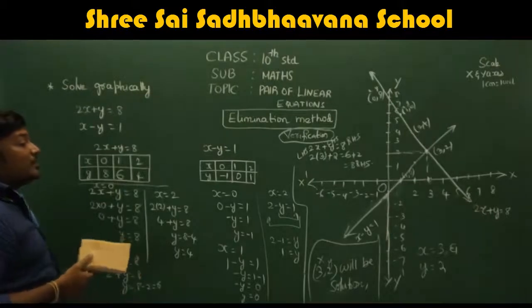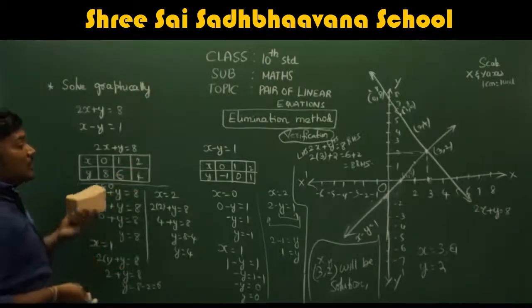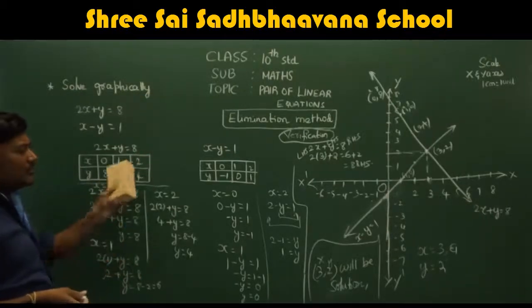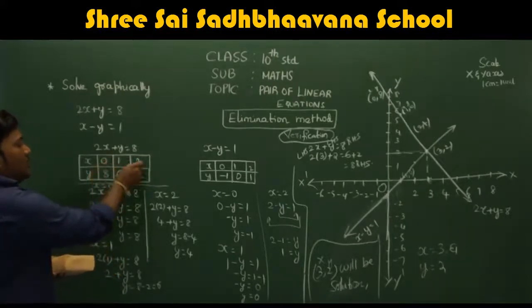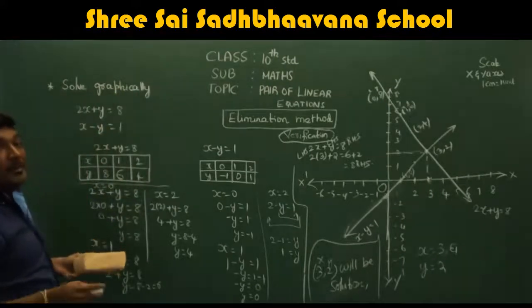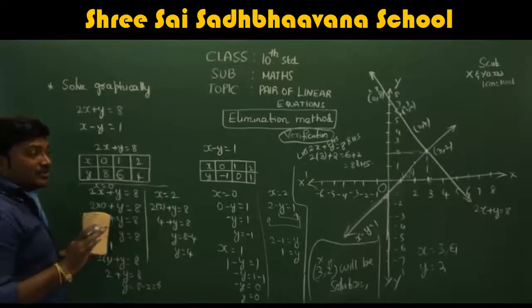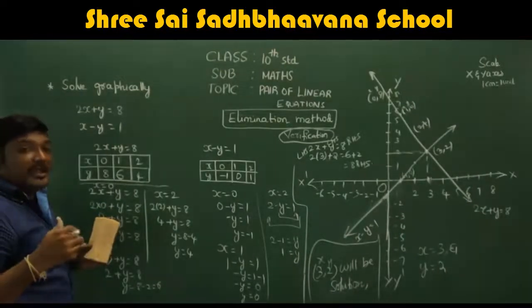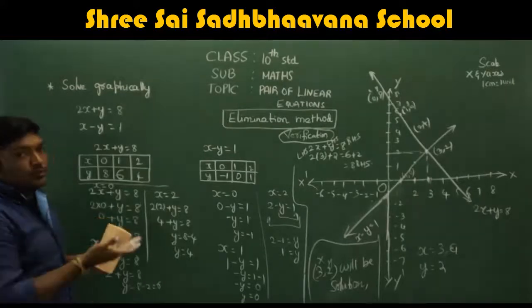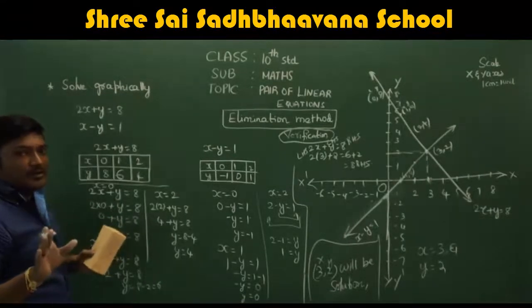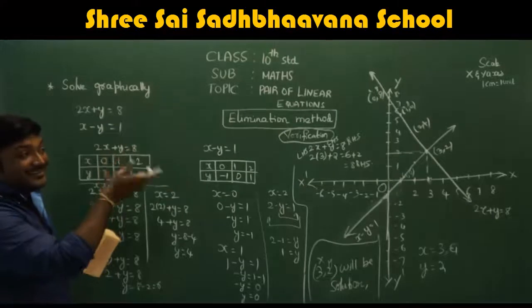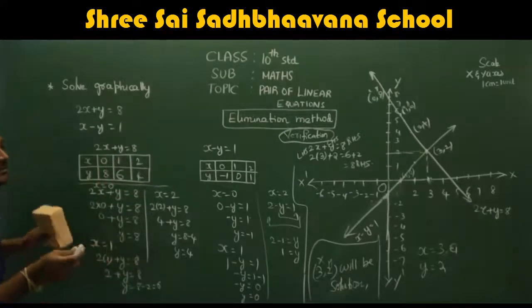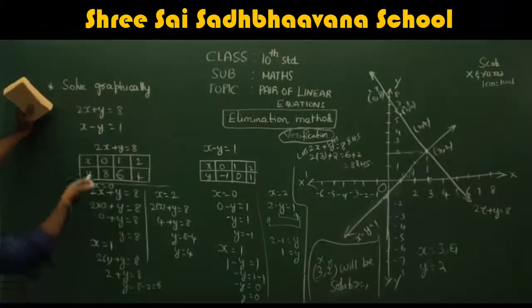You can ask me, sir, why can't we draw more points. You can write 0, 1, 2, 3, 4 till infinity. But my suggestion to you guys is minimum 3 is enough. Actually 2 points are enough to draw the graph. But to make it clear, because if you take 2 points, you have to extend it, better you take 3 points.